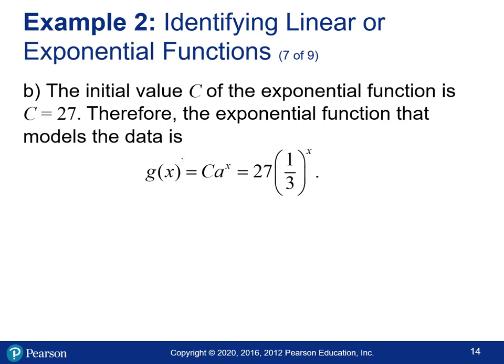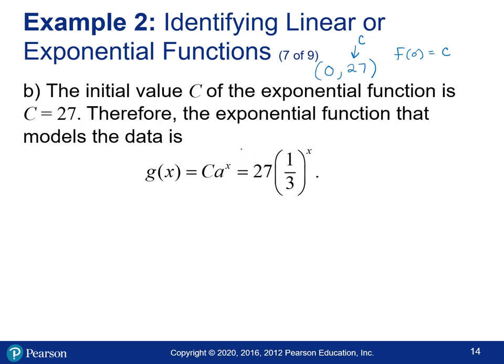But from our data, we already knew that when x was 0, y was 27. So that lets us know that this is c, because of what we talked about. We called c the initial value, and it's what you get when you plug in 0 into the function. Okay, so that's how we knew that this was c.